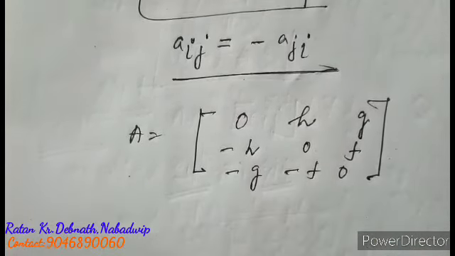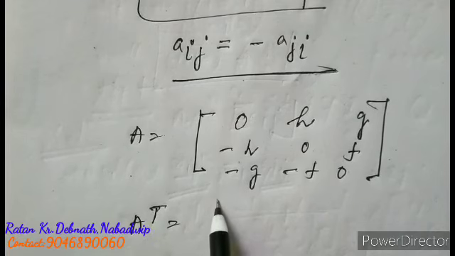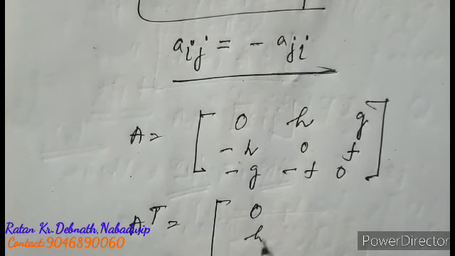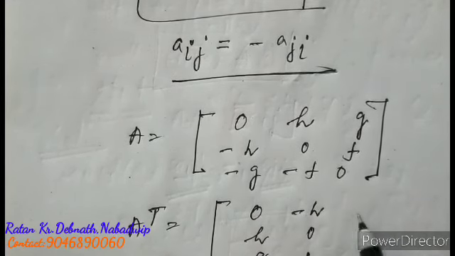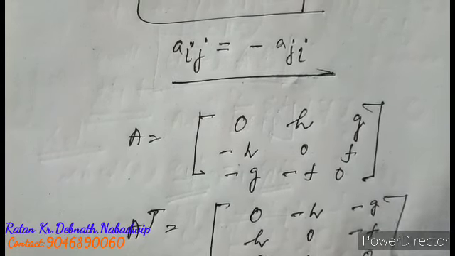Now A transpose equal to 0 h g, minus h 0 f, minus g minus f 0.